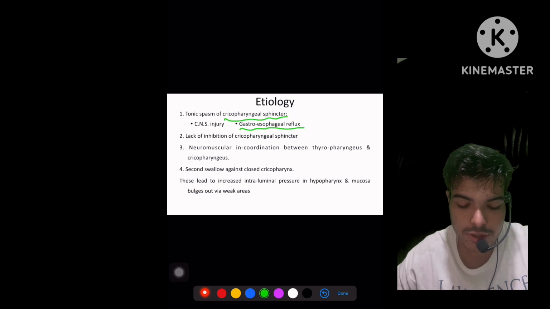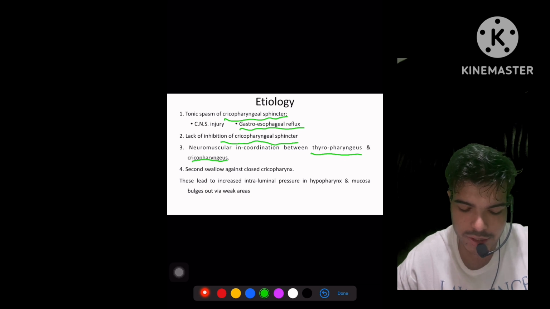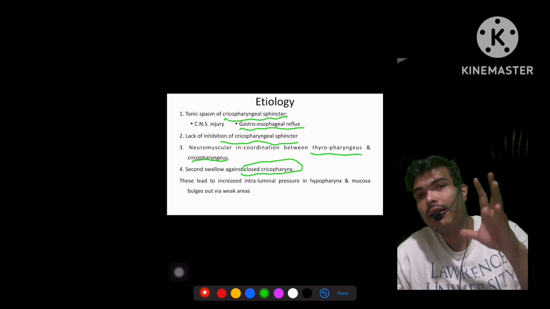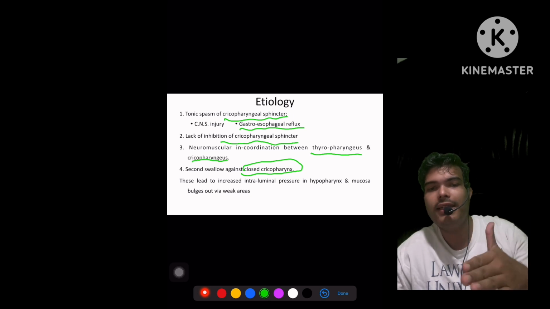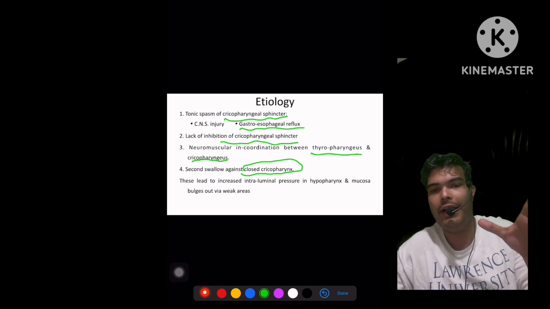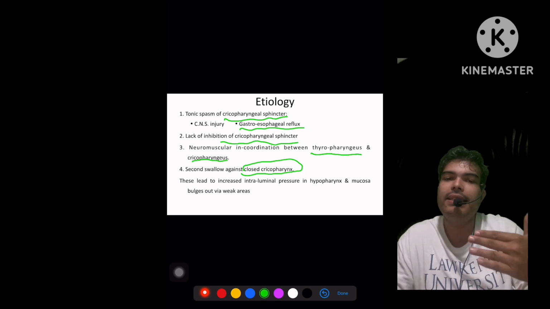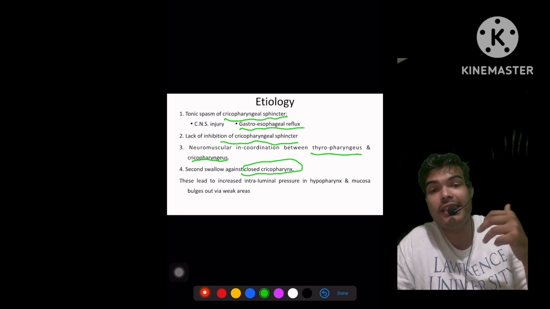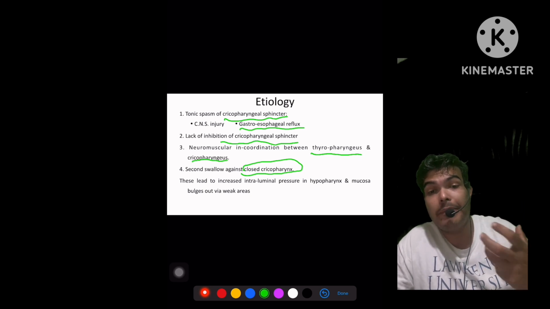Lack of inhibition of the cricopharyngeal sphincter, neuromuscular incoordination between the thyropharyngeus and the cricopharyngeus, second swallow against closed cricopharyngeus, okay. The basic pathology of all these four is one, that is a tight cricopharyngeal sphincter, okay. If there is a tight cricopharyngeal sphincter, there is actually a formation of a diverticulum.